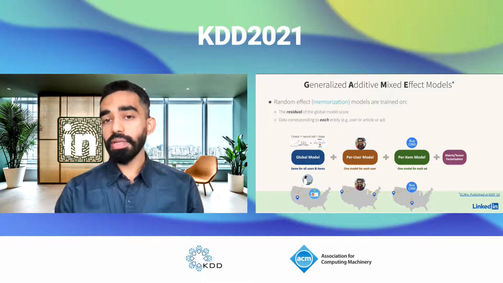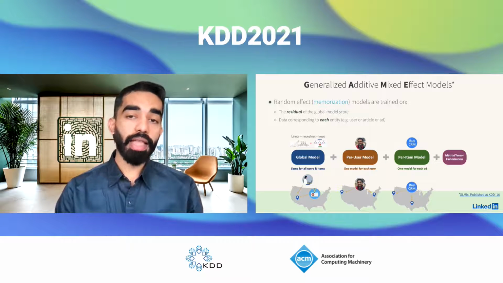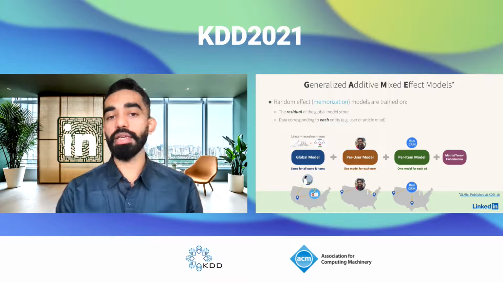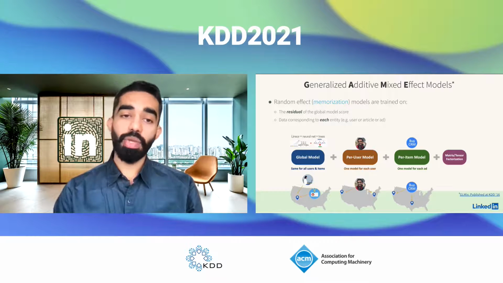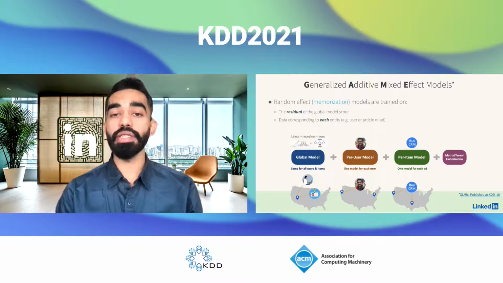Now, these random effect models are responsible for memorization. They're trained on the residual of the global model score. And the best part is they only depend on the data corresponding to each entity. What that means is when I'm training the model for one advertiser, I only need to use the information about this advertiser and all of their interactions in the past.